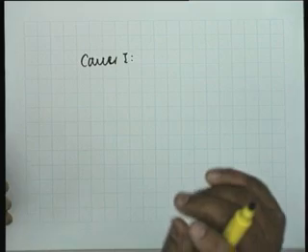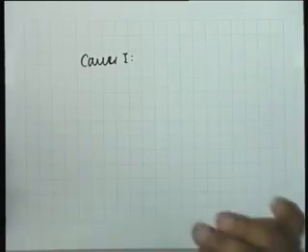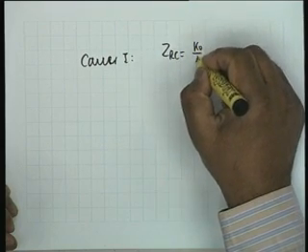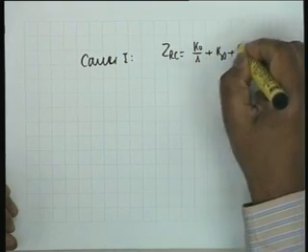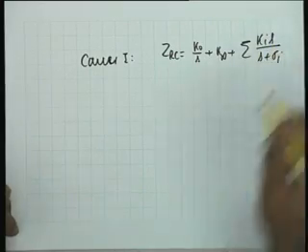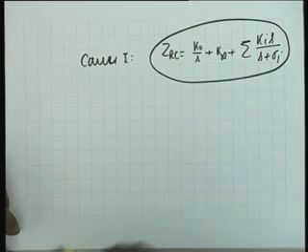Okay. ZRC cannot have a pole at infinity, right? RC impedance cannot have a pole at infinity. Recall the form. ZRC is of the form K0 by S plus K infinity plus summation KiS divided by S plus sigma i. This is the form. If you remember this, all properties, all synthesis should be obvious.